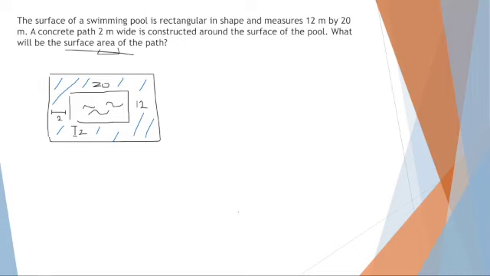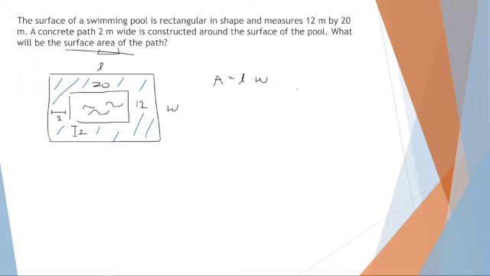I'm not sure if I'm right, but you first want to see the area of the entire part that the concrete path envelops around. So you just have to do 22 plus 2 times 12 plus 2, which is 22 times 14.